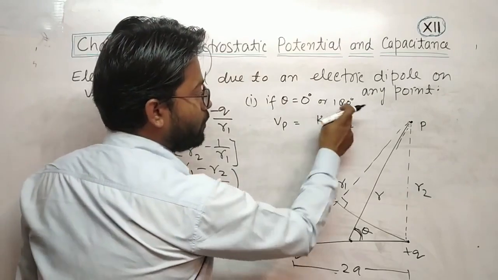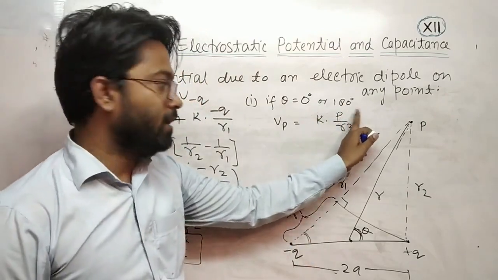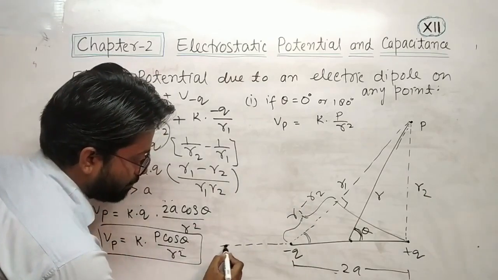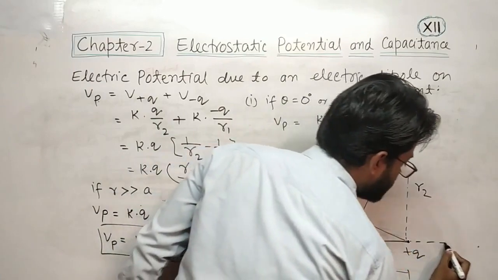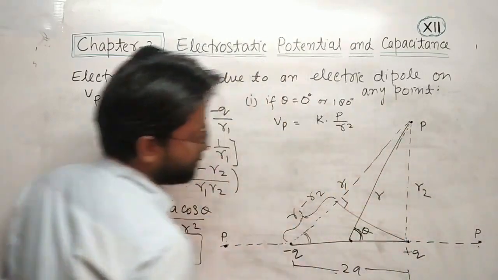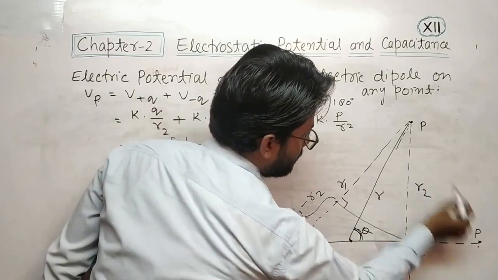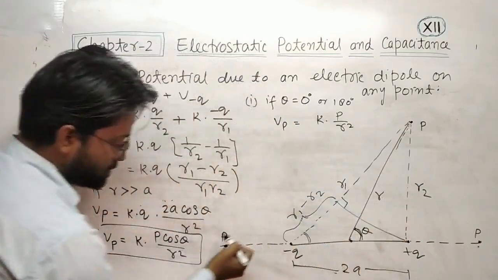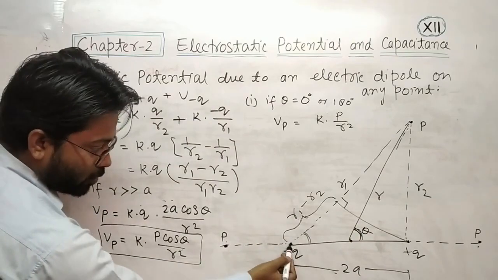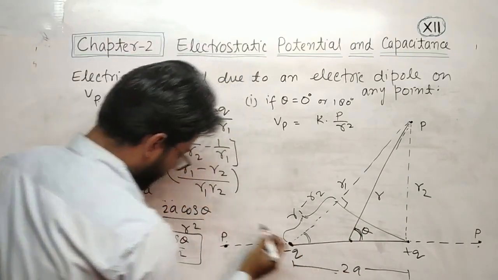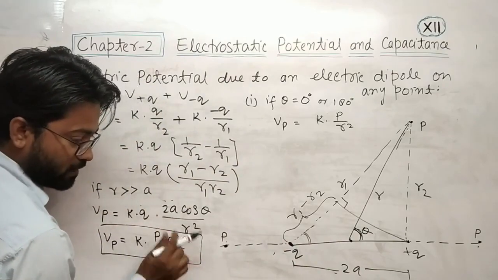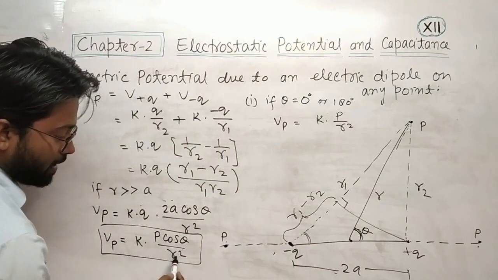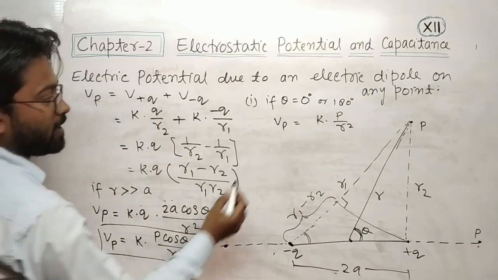This will be positive. If we take 180 degree, this point is here, and for 0 degree the point may be here. If the point is here, cos 0, the potential is positive. But if the point is toward the negative charge, cos 180 is minus 1, so Kp times minus 1 upon R squared, that is minus Kp upon R squared.